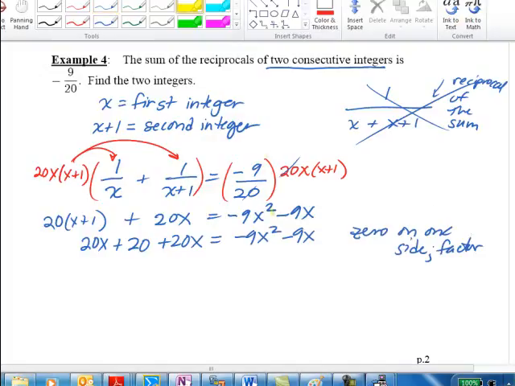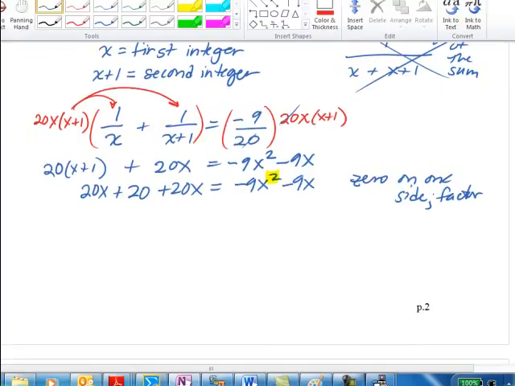And the reason for that is because of this square. So when we have a square, that's our first thing to try always, is get a 0 on one side and try to factor. In chapter 8, we'll talk about what do we do if we can't factor, but we still have a square. But always the first step is to get a 0 on one side. And it's nicest if the coefficient on x squared is positive.